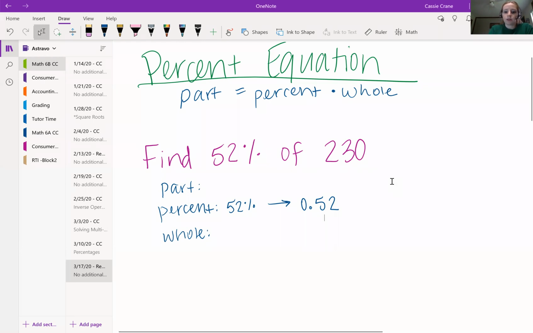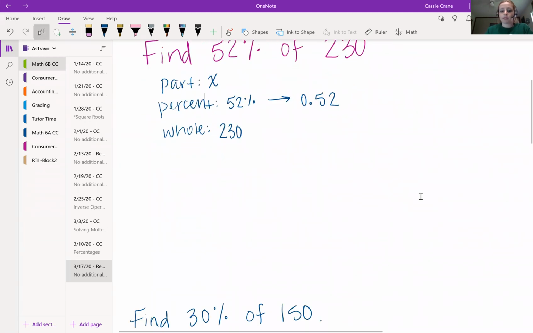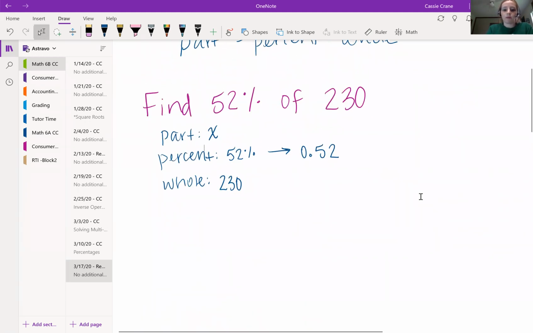So the 230 then would be our whole, and we want to find the part of 230 that represents 52%. Since we don't know that part yet, that's what we're finding, I'm going to call it X right now. So I'm going to set this equation up as my percent equation, part equals percent times whole, but use these values.